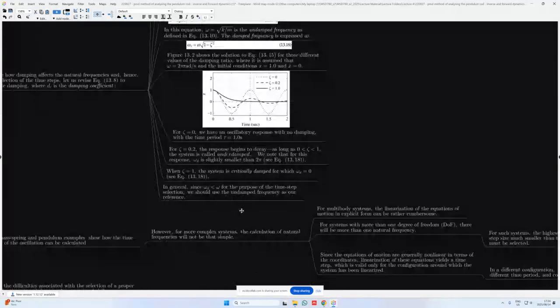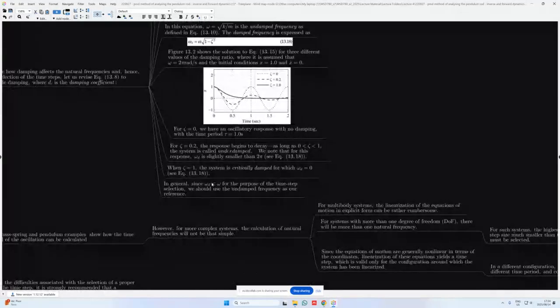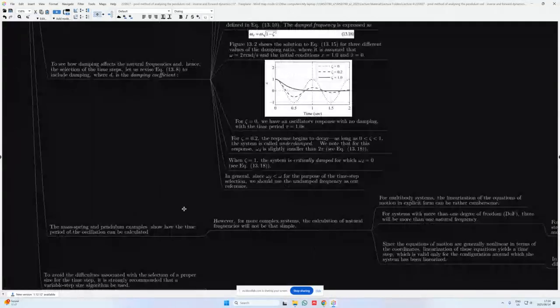When zeta is equal to 1, the system is called critically damped, and in that case, the damped frequency is equal to 0. But in general, the damped frequency is smaller than the undamped natural frequency. So for the purpose of the time step selection, we should use the undamped natural frequency as our reference when we do these types of calculations.